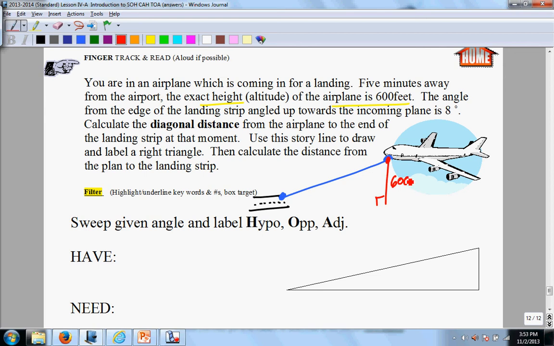So this straight down is 600 feet. It says the angle from the edge of the landing strip up towards the incoming plane is 8 degrees. Calculate the diagonal distance. So we want the diagonal distance, which is x.